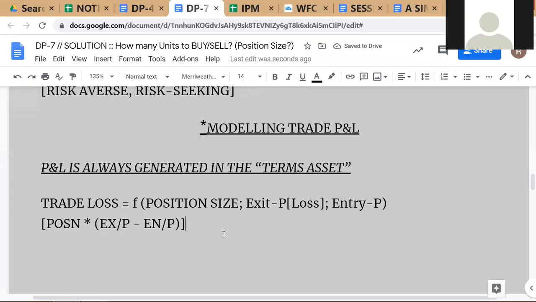So we write this as trade loss. We'll write it as P&L.